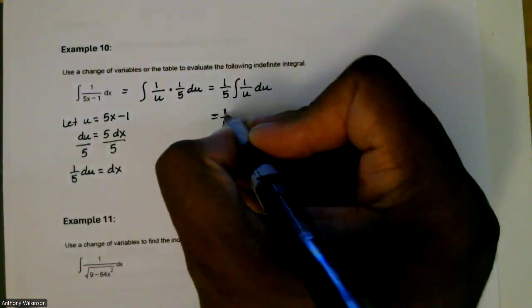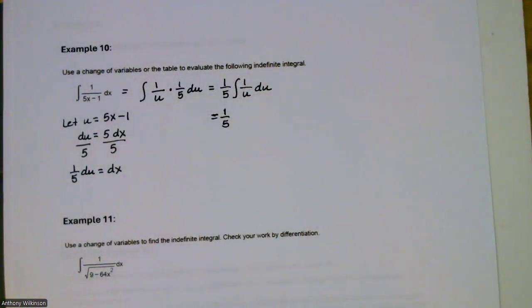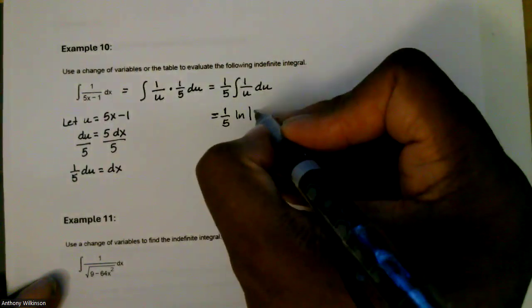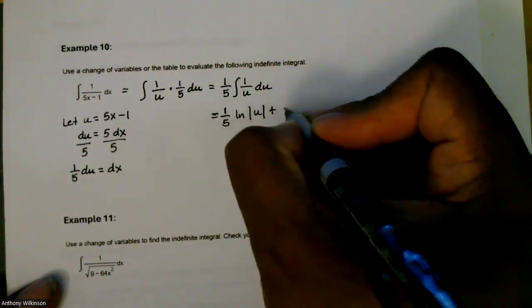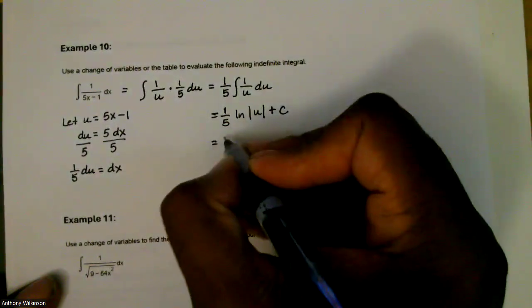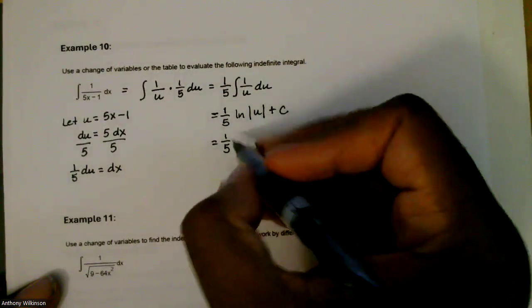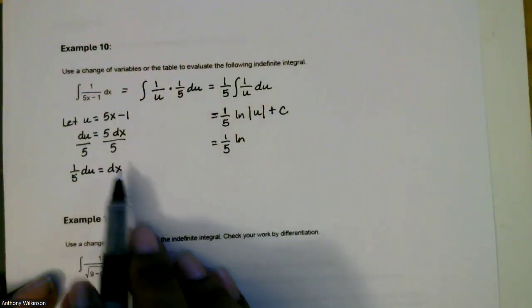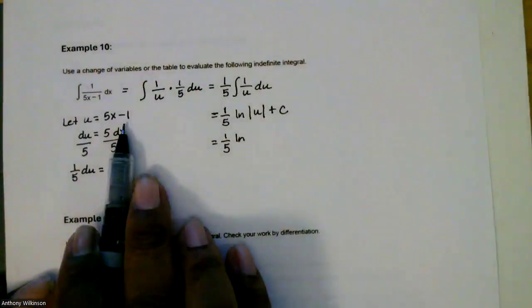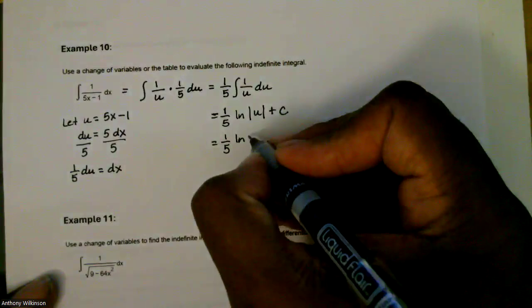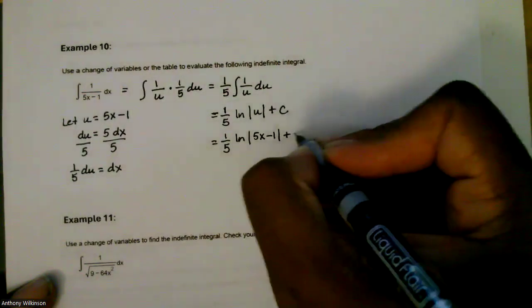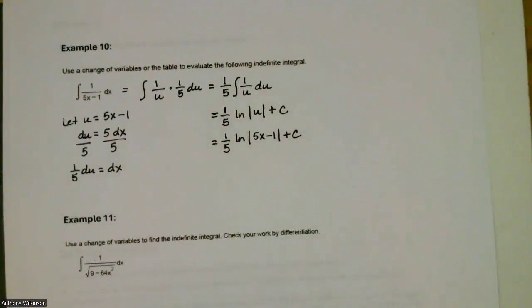And the integral of 1 over u du, if you recall, has to be the natural logarithm of the absolute value of u, and then plus c. So I have 1/5 ln of, now my u, I'm going to do the back substitution, absolute value of 5x minus 1, and then plus c.